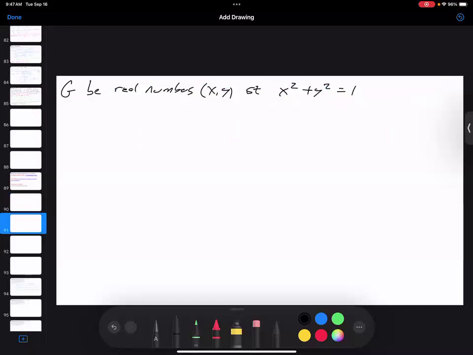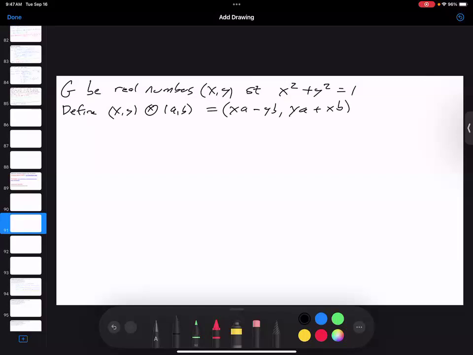So let's define (x, y) circle-cross (a, b) to be (xa minus yb, ya plus xb).